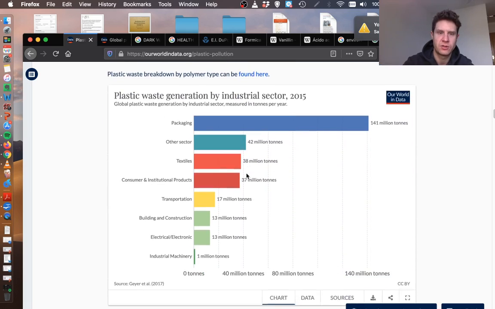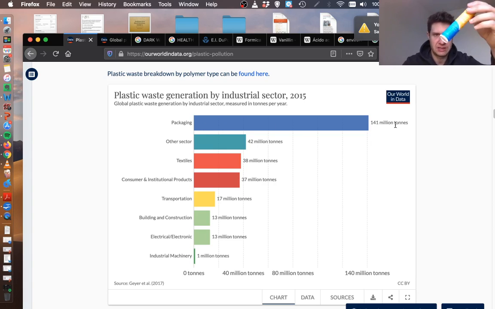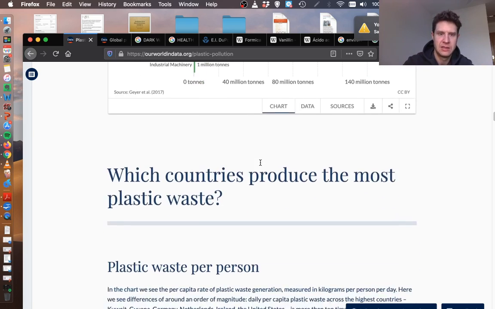Plastic waste, de toda la basura, del plástico que se tira a la basura, 141 millones de toneladas solo de paquetes de estos. Other sectors, all the rest. Textile is the third source of plastic pollution.